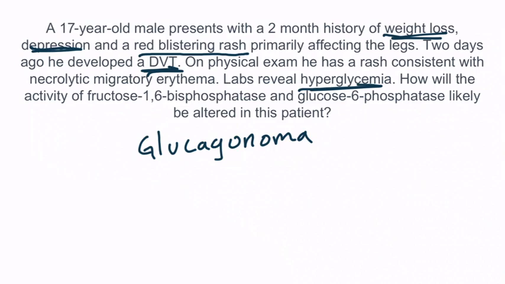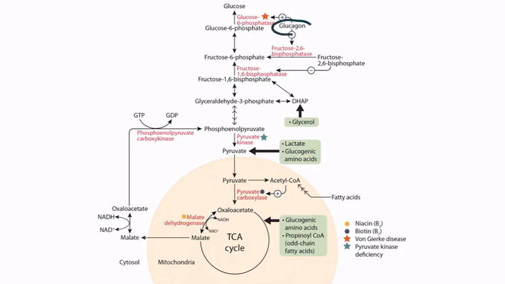Okay, let's pull up the overview figure to answer this question. As you can see, glucagon decreases the concentration of fructose 2,6-bisphosphate by increasing the activity of this enzyme here. So decreased fructose 2,6-bisphosphate. Because this normally inhibits fructose 1,6-bisphosphatase, the activity of fructose 1,6-bisphosphatase is increased.